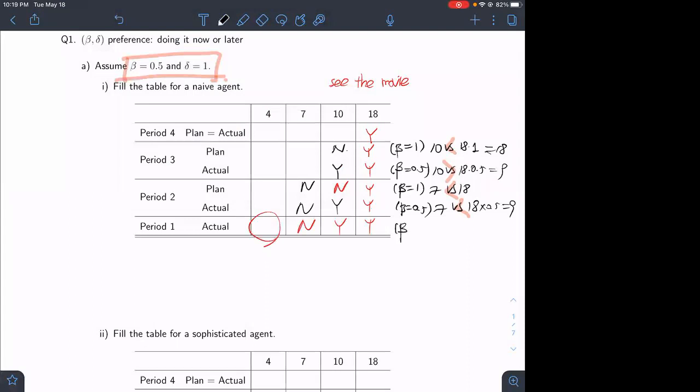So his actual choice is obtained by using beta equals 0.5. His immediate benefit right now is 4. We compare that with 18. So we just track his plans and then look at where the first yes appears, or the best option that he can get.